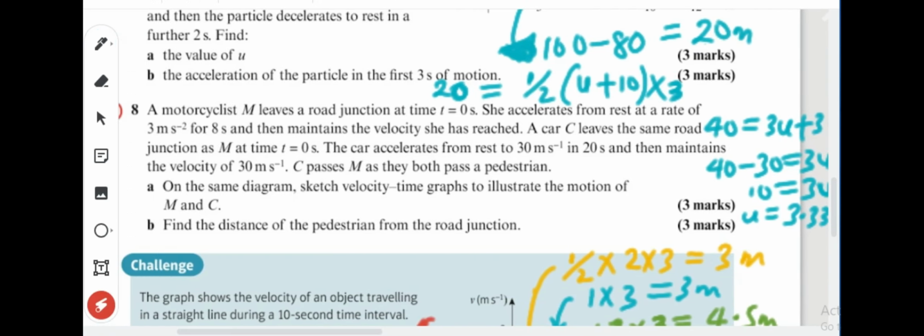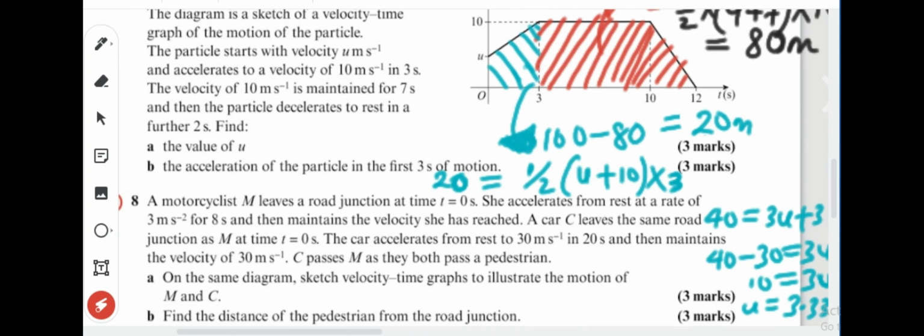The other question says find the acceleration of the particle in the first 3 seconds. We found this initial speed to be 3.33. Final speed is 10. Time is 3 seconds.